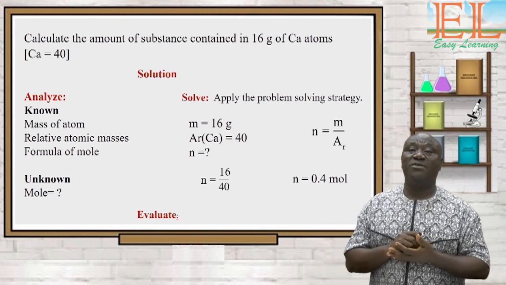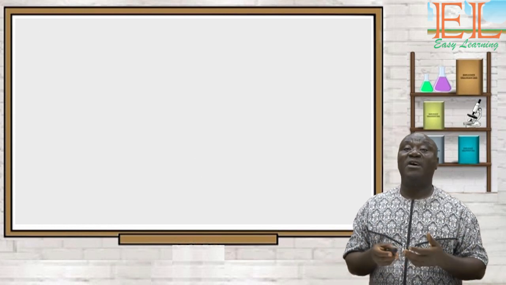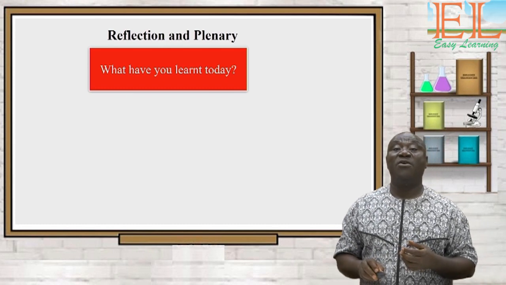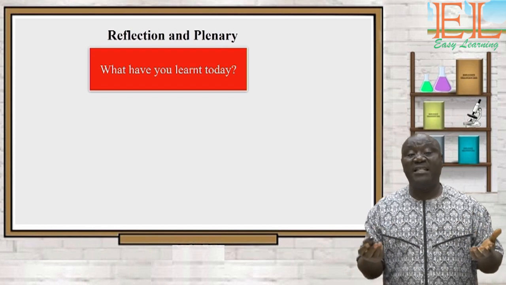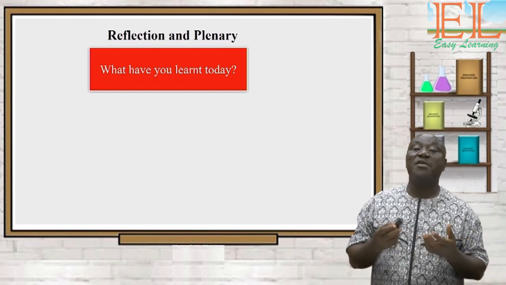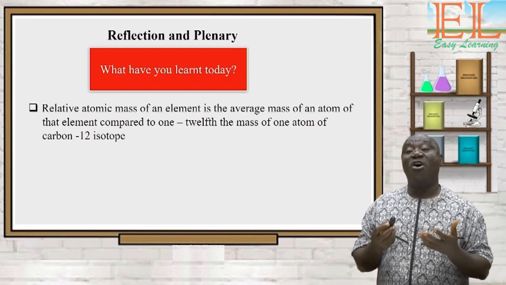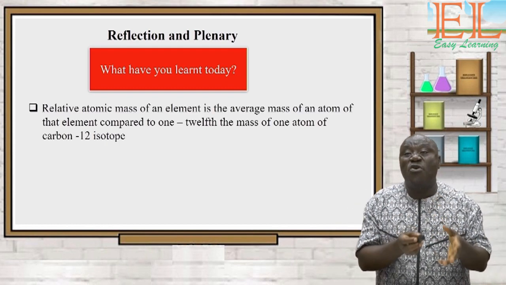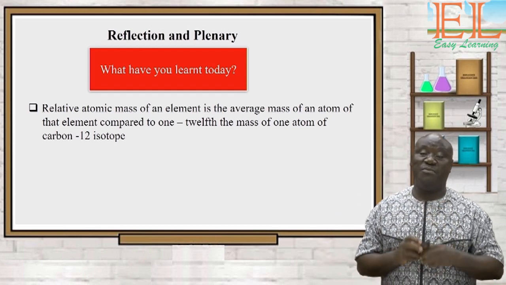So take note. All too soon, we have come to the end of our lesson for today. What have you learned today? Today we have learned that the relative atomic mass of an element is the average mass of an atom of that element compared to 1/12 the mass of one atom of carbon-12 isotope.